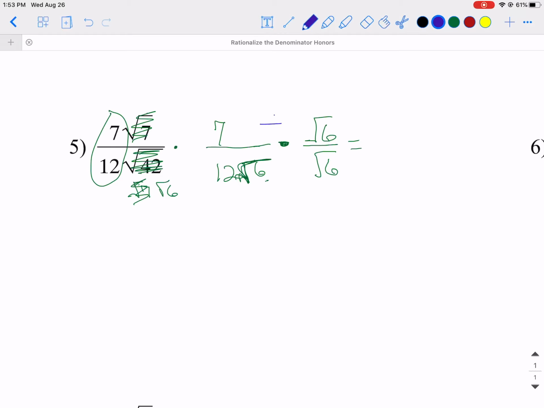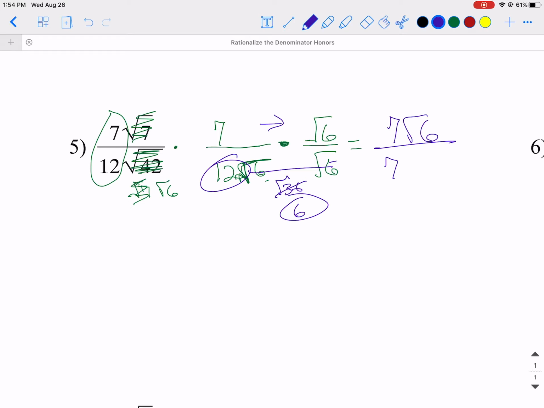I know I get sidetracked sometimes. So 7 radical 6, and then multiplying, I know that these two is radical 36, which is 6. 6 times 12 is, let's see, can't do it all in my head sometimes. So 6 times 12, okay, 72, that's right.